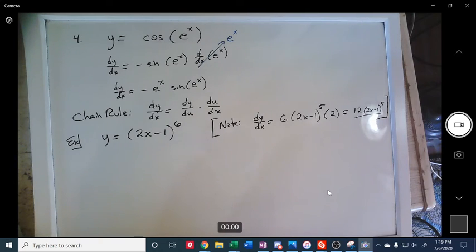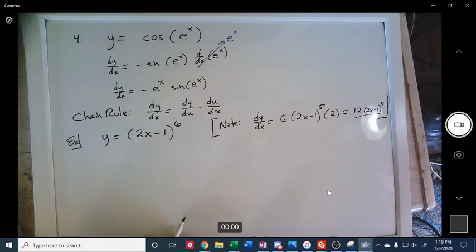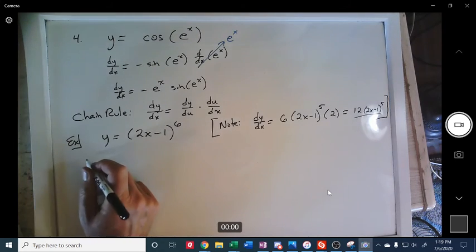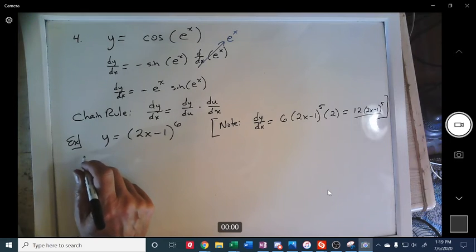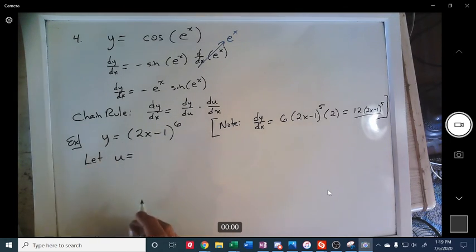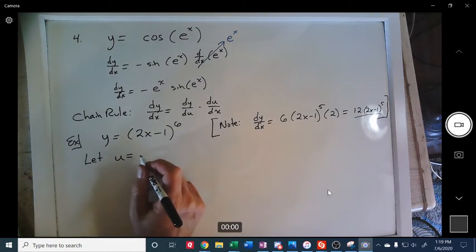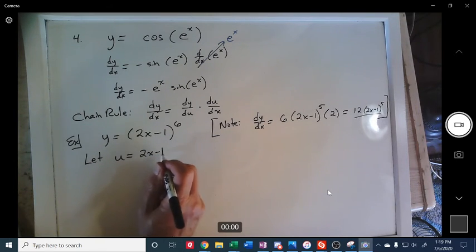Let me show you how I'm going to get that same answer by looking at it in this manner. We're going to create a new function. Let u equal the inner function. And u will always be everything else except the outermost function. u is equal to 2x minus 1.